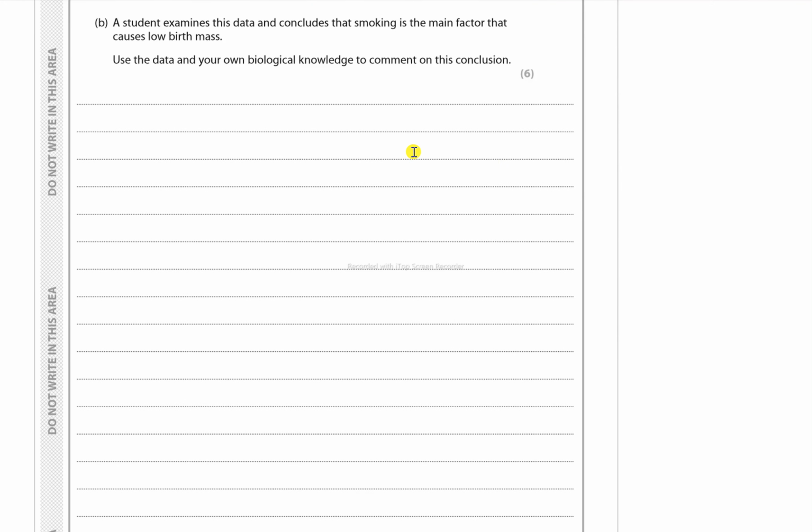6 marker coming up. Right, a student examines the data and concludes smoking is the main factor behind low birth mass. Use the data and your own biological knowledge to comment on this conclusion. Is it true? Yes.